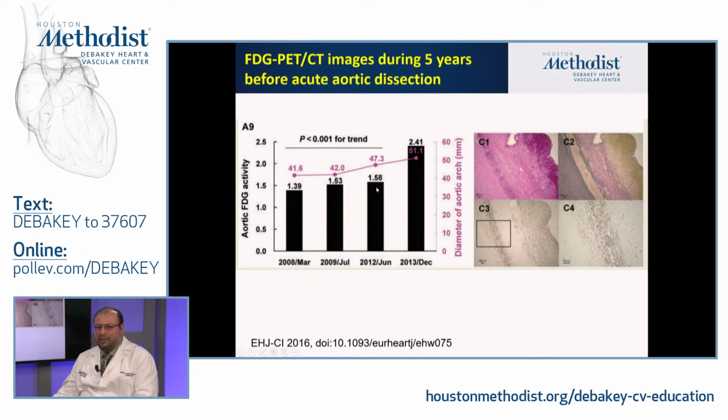I wouldn't make a major claim that it is increasing here, but obviously the diameter went up from 42 to almost 47 before dissection, and at the time of dissection it was 57. So the diameter and CT parameters are still going to be your best way to follow these patients. But if you note, accidentally or intentionally, that there is increased FDG uptake, then it is a sign to follow that this is not a completely benign process.